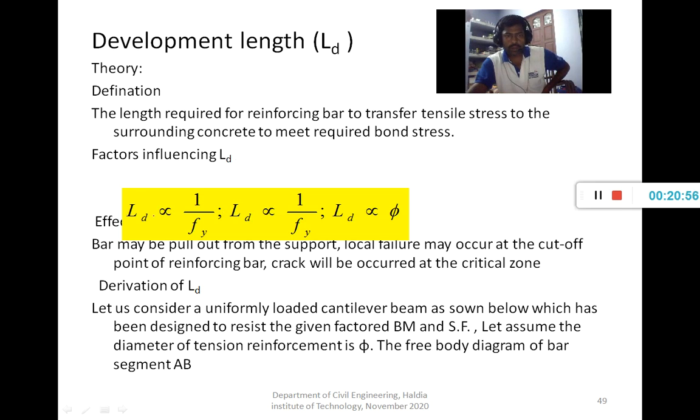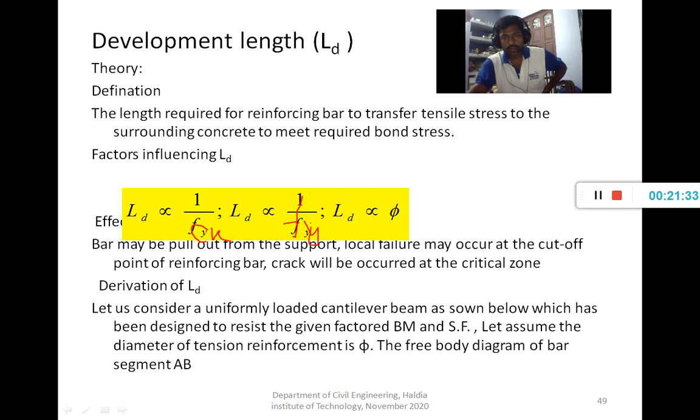The development length is inversely proportional to the grade of concrete, fck, and proportional to fy.